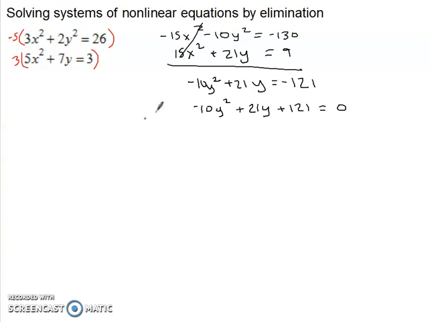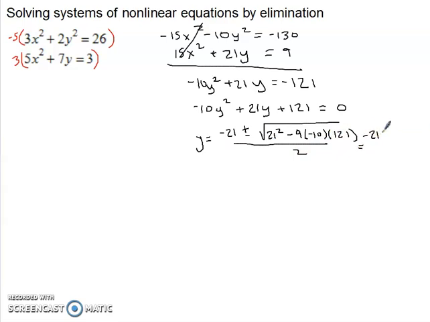I think we're going to have a bit of trouble factoring, so I'll go ahead and use my quadratic formula. So y is negative 21 plus or minus the square root of 21 squared minus 4 times negative 10 times 121, all over 2. And that simplifies to negative 21 plus or minus the square root of 5,281, all over 2.